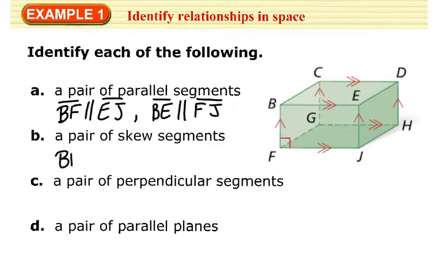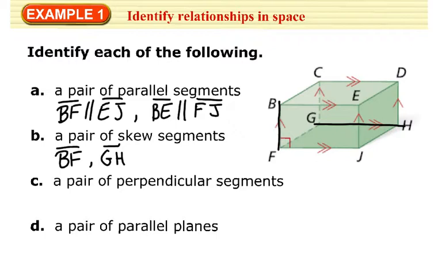So BF, and let's see, let's highlight that, BF, and let's go to the back side of the box here to GH. Those two segments will never intersect each other and they are not coplanar. So those are my segments I'm going to use for this example. Okay, those are a pair of skew segments.